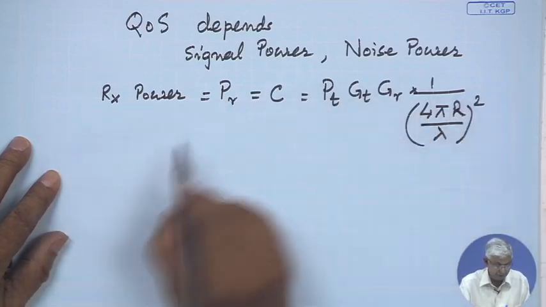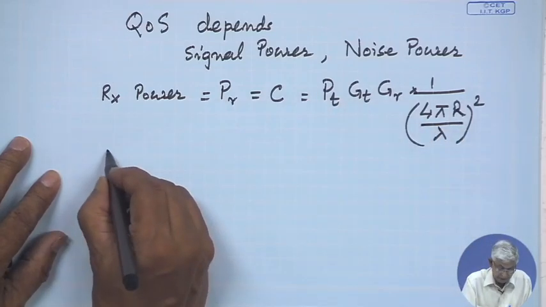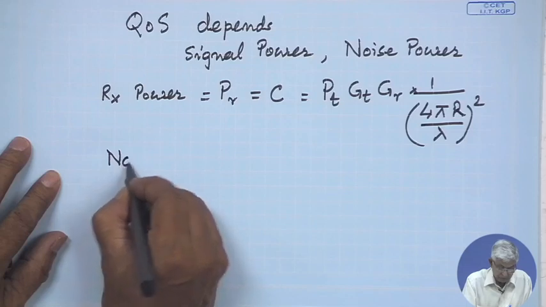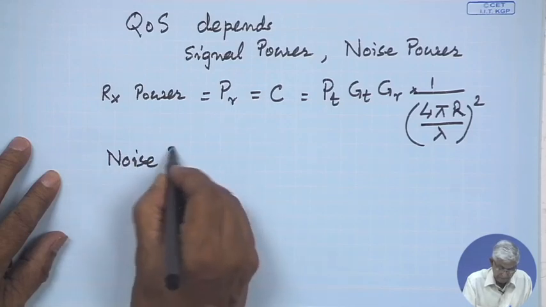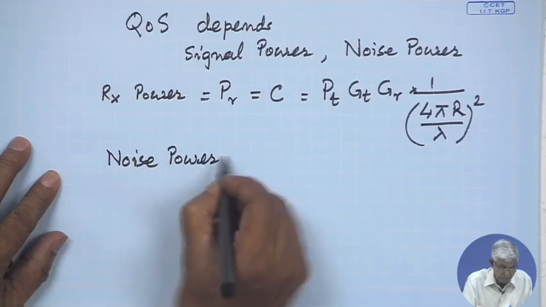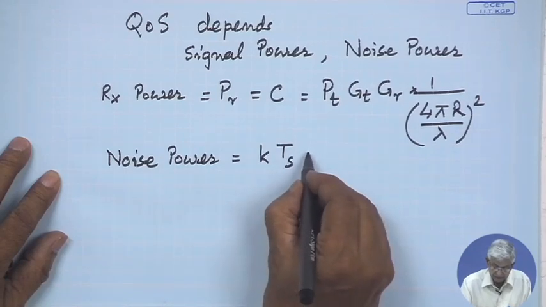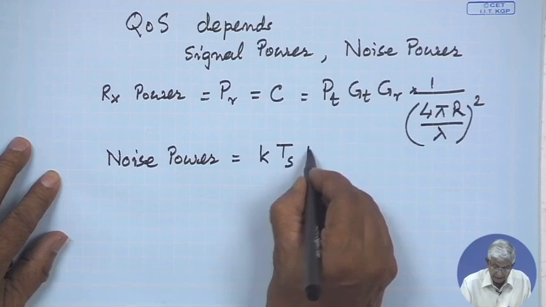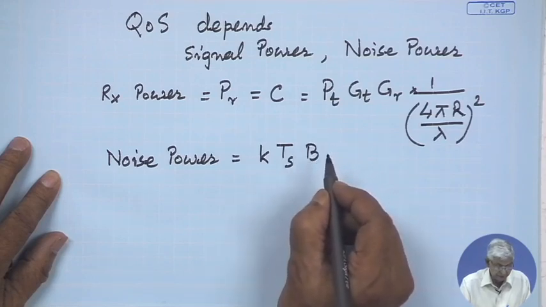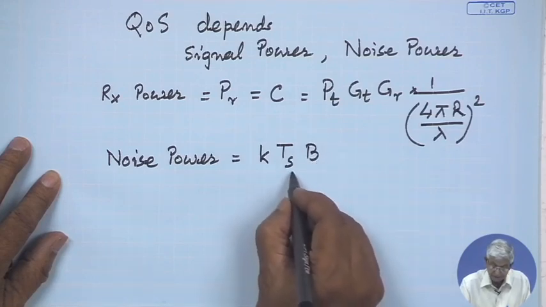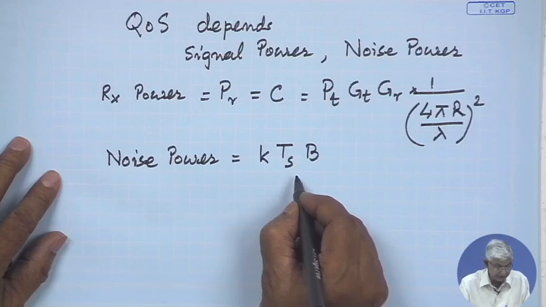So, this is what we have derived earlier, and also we now know that noise power is K T system noise of the receiver and the bandwidth on which it is operating. This is the system noise, which includes the antenna noise as well as the receiver noise.